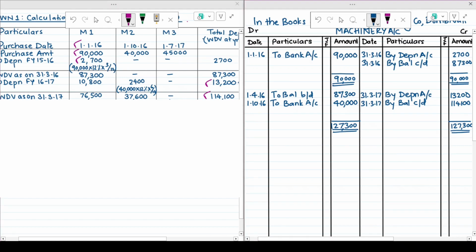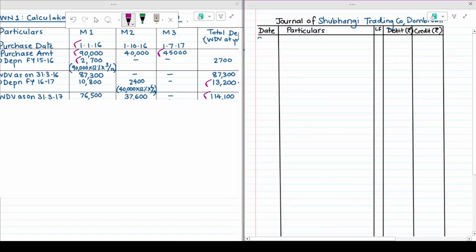So next year we will carry this amount forward, 1/4/17 to balance brought down. The amount is 1,14,100. And in this year again we are purchasing one machinery 3 on 1st July 2017. The amount is 45,000. 1/7/17 to bank account 45,000. Yes, for third year we can, instead of first doing the posting, we can pass the journal entries first.